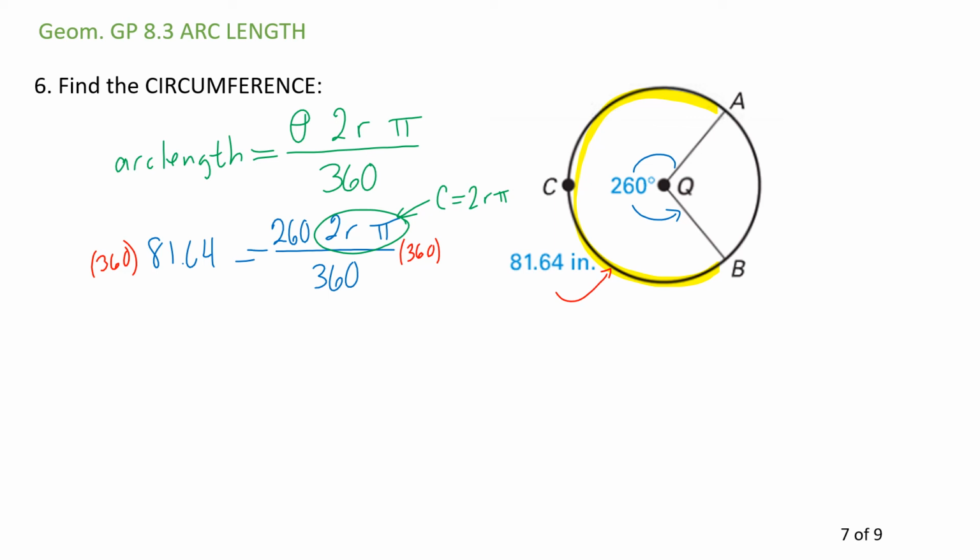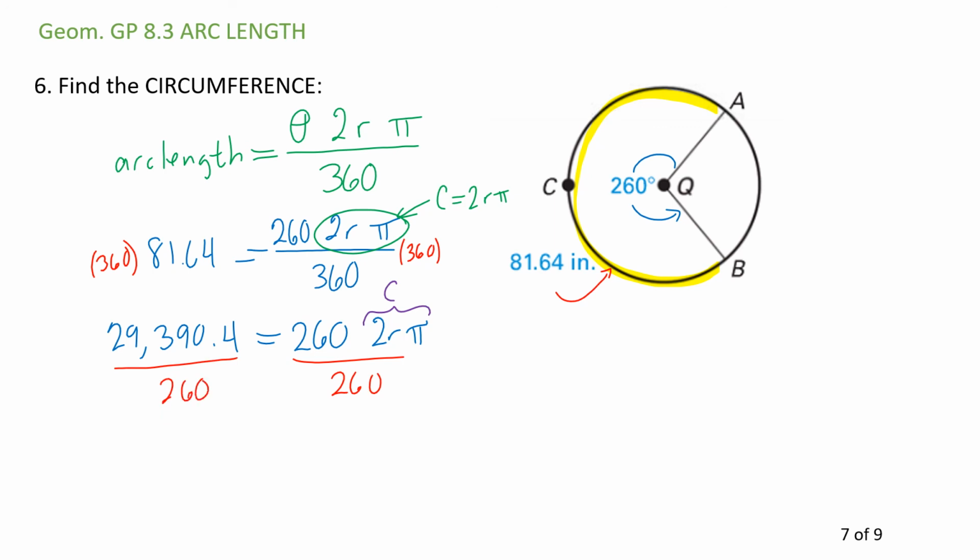That gives me 29,000... 113.04. Now, do I need to go any further?